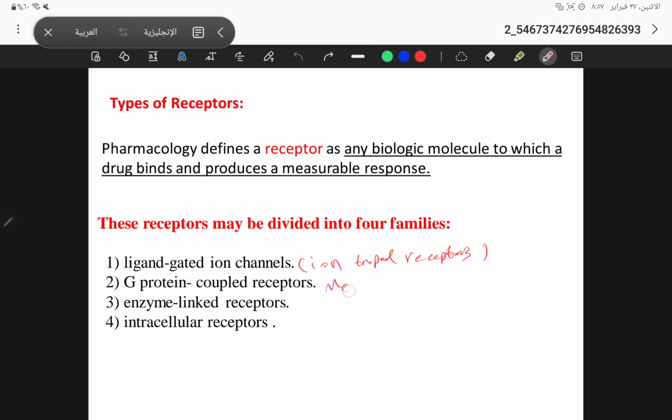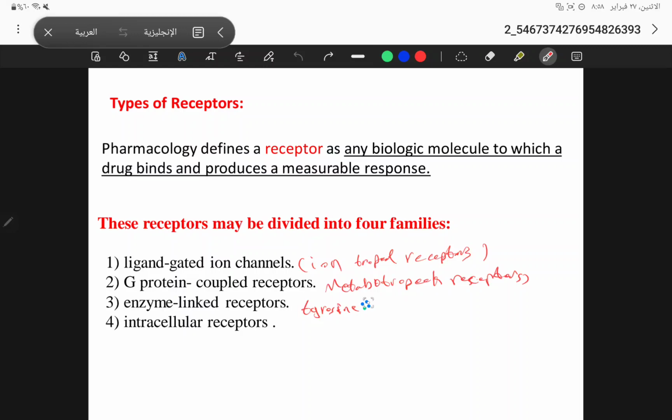Metabo from metabolism, metabotropic receptors. The third one is what we call enzyme-linked receptors, between brackets, for example, tyrosine kinase receptors.